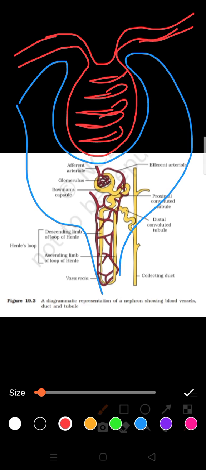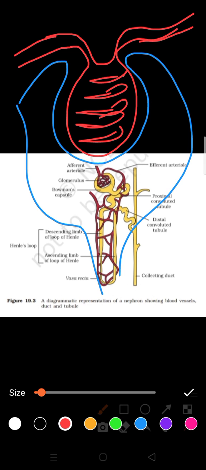This is the structure of the Bowman capsule, and you all know very well that from one side the afferent arteriole brings blood and the purification of blood takes place, and the efferent arteriole takes the filtered blood away from here. So glomerulus, you can see the structure of the glomerulus. This is just a very fine network of capillaries. From this the filtration process takes place, the ultrafiltration.